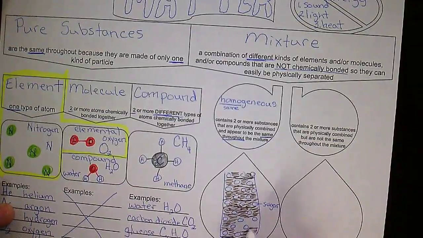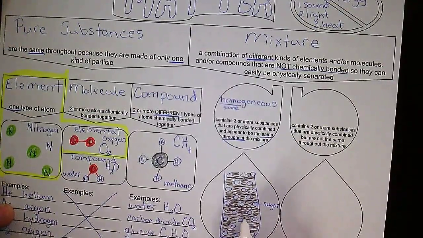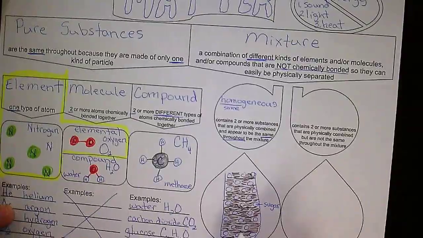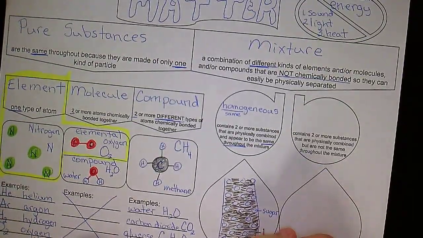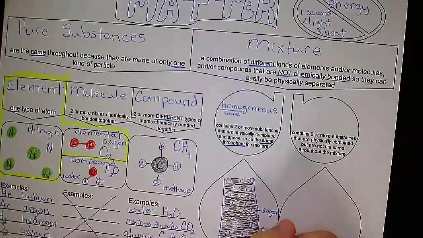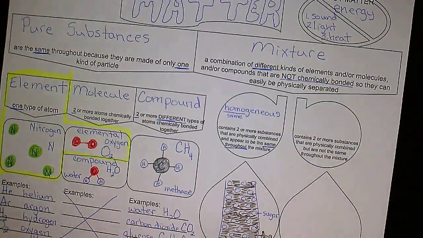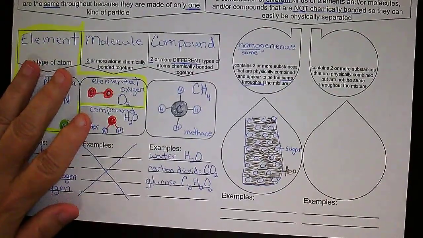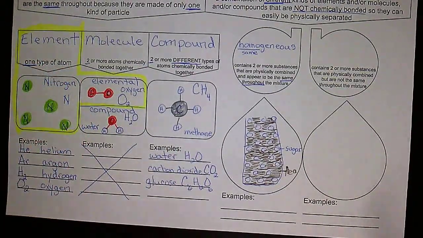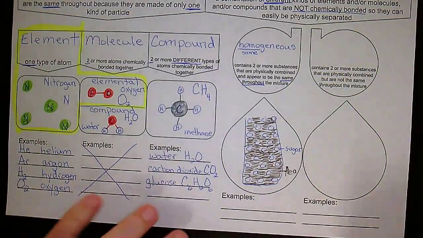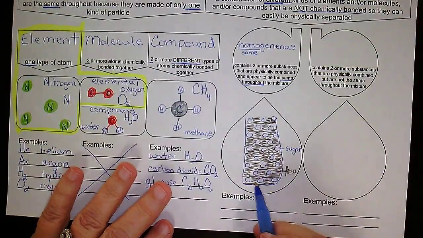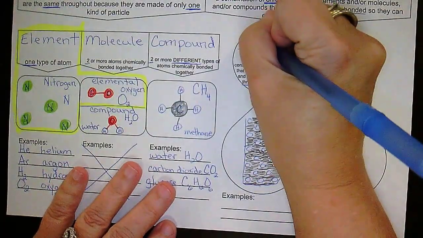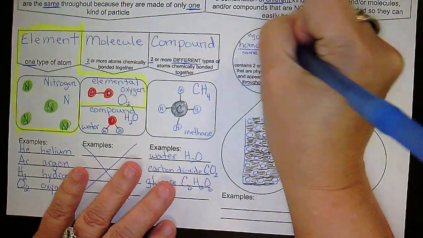Now, it just so happens there's another name for a homogeneous mixture, and that is that it's called a solution. Okay, so that is the tea and the sugar. The sugar is all the way through the liquid. It's the same at the top as it is at the bottom. So another name for a homogeneous mixture is a solution.